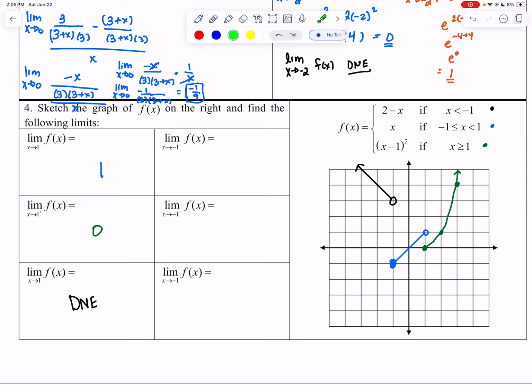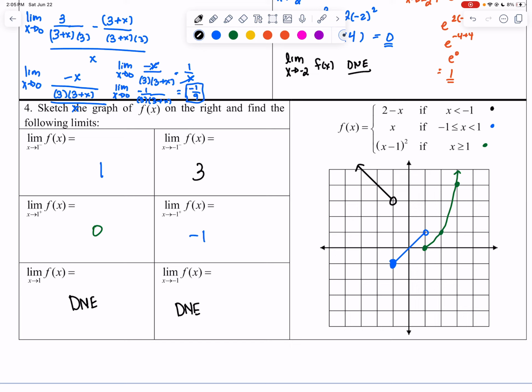Likewise, if I do negative 1 from the left, I'm going to get 3. And then if I do negative 1 from the right, I'm going to get negative 1. Notice how they don't match up, and since they don't match up, I know that my limit does not exist.